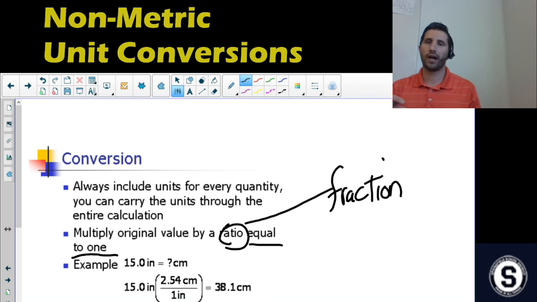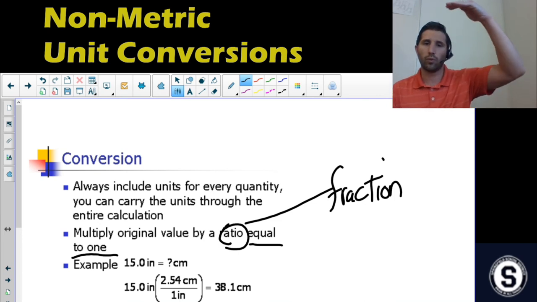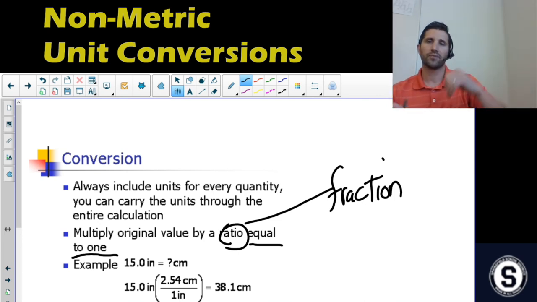So pay attention to that and always think about what unit am I trying to get rid of and what unit do I need to end up with? And then you can set it up so that the units you're trying to get rid of always cancel out by having 1 on the top and 1 on the bottom. And the units you want to end up with are always at the top of that last fraction. All right, so that's going to give you the most success.